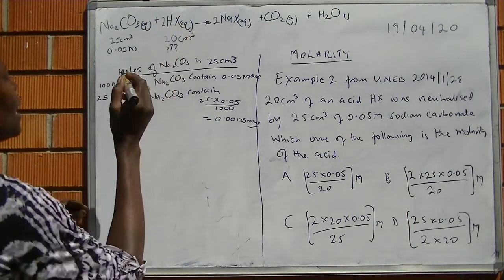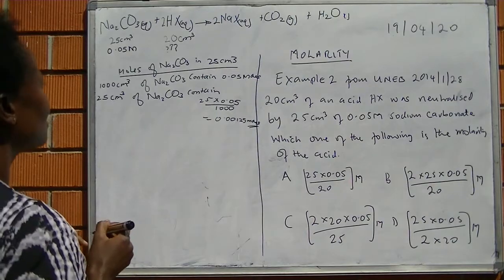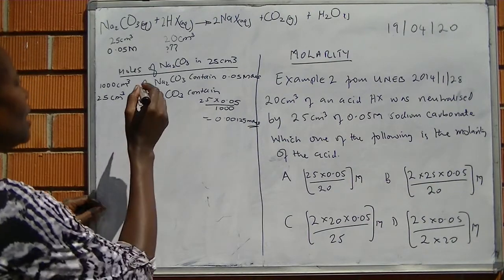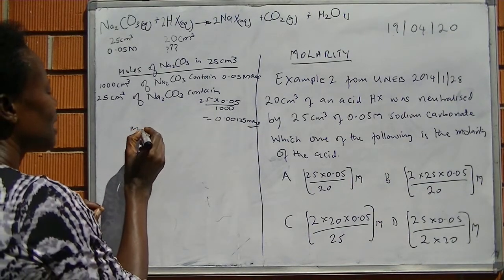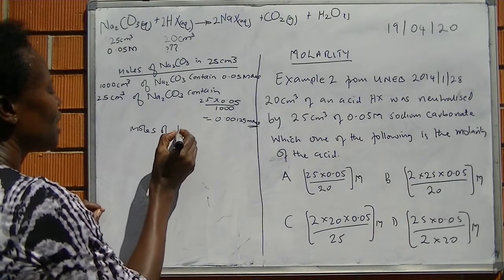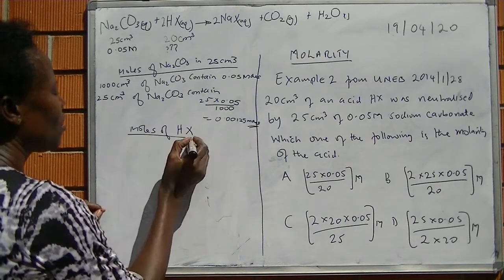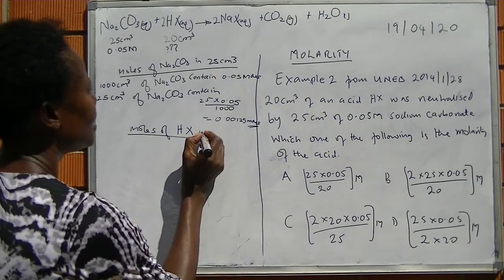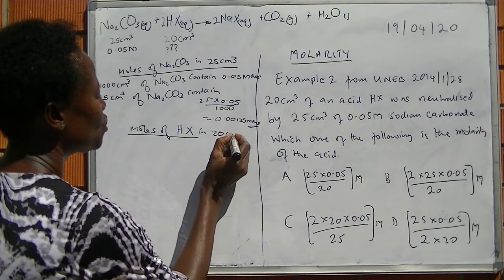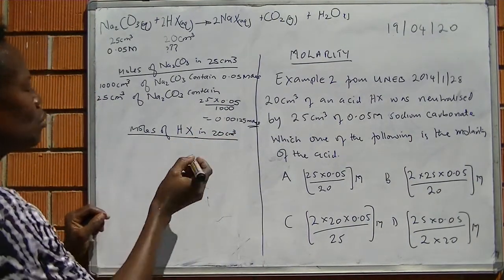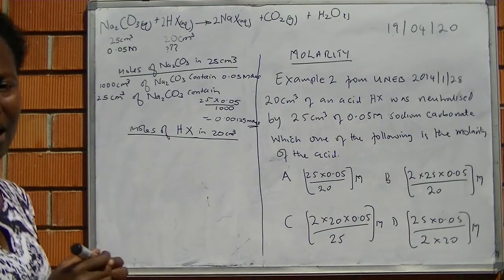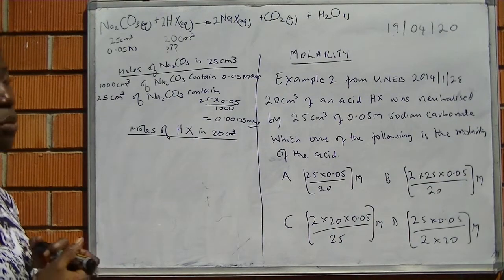Now we go to the next reactant, which is the acid, which is HX. So tell the examiner that moles of the HX, or of the acid, in 20 cubic centimeters. Those moles that are in 20 cubic centimeters are always obtained from the mole ratio.